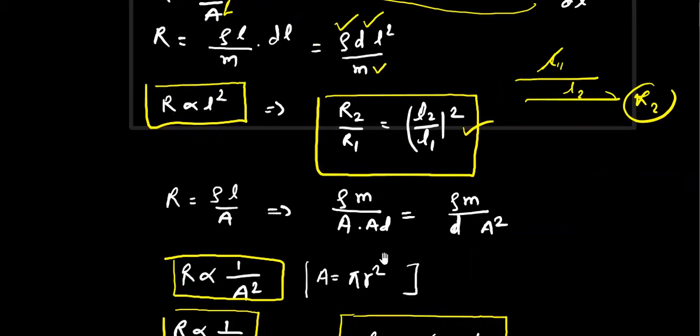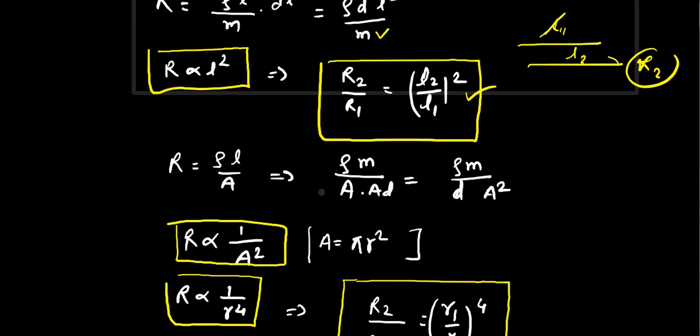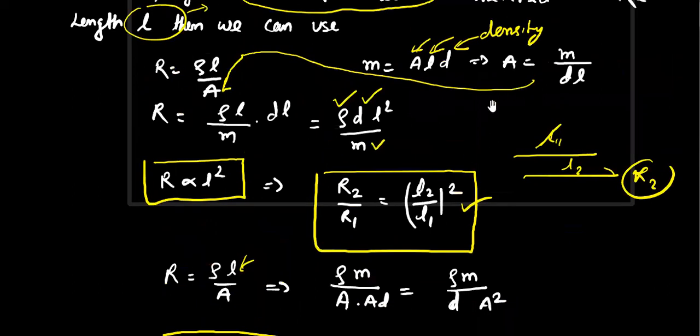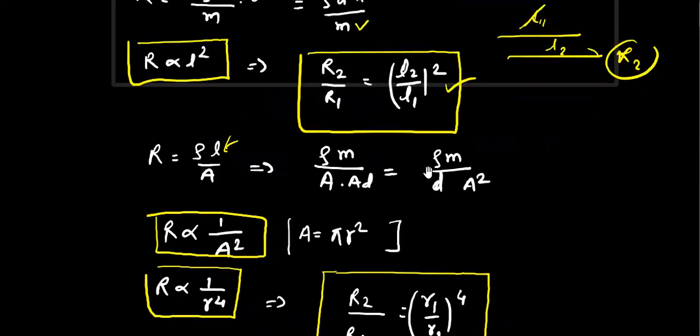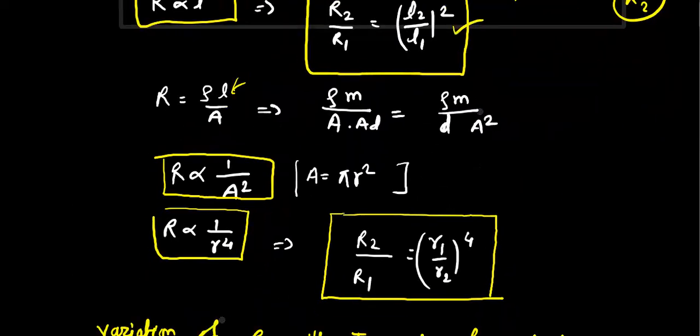Now we are going to use the same expression, and here we replace length L instead of area. On substitution of the value of L from the previous expression, we get a relation here, rho m by d, where rho is constant, m is constant, and d is also constant.